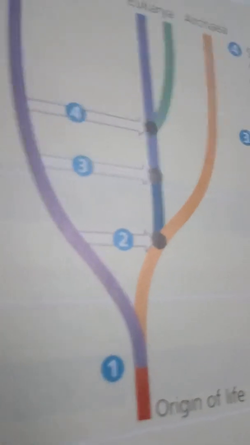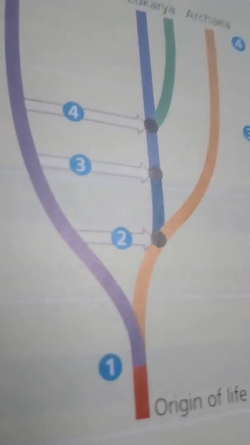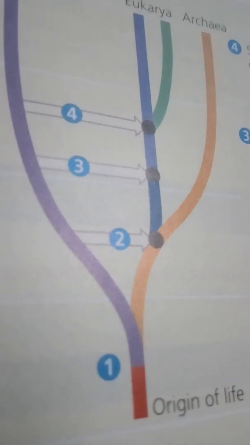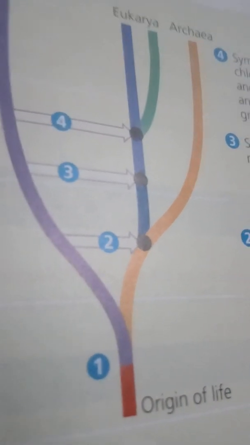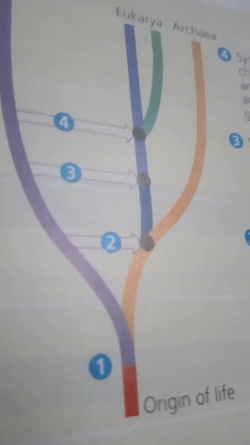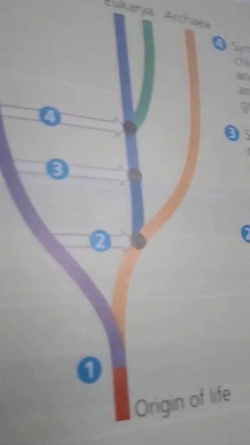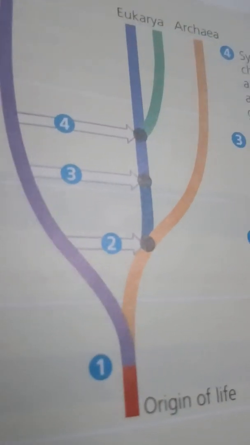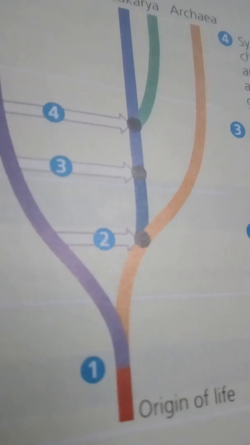Neutral theory. The regularity of change that enables us to use some genes as molecular clocks raises the possibility that many of the changes in these sequences result from genetic drift, and the changes are mostly neutral, neither adaptive nor detrimental.